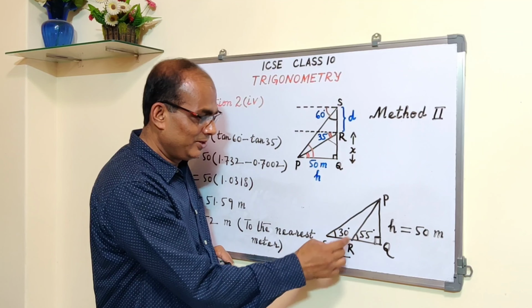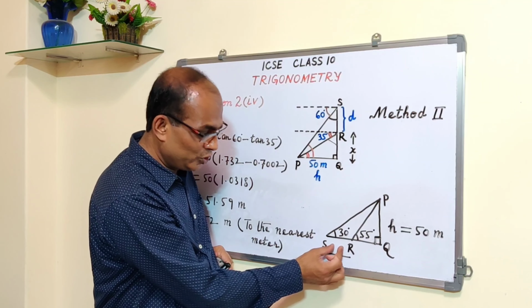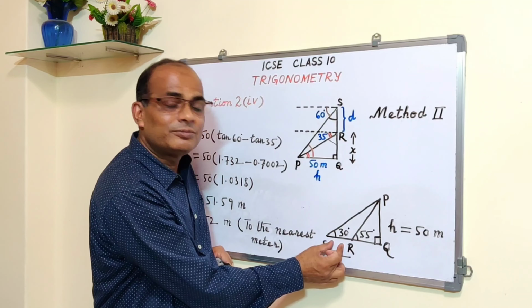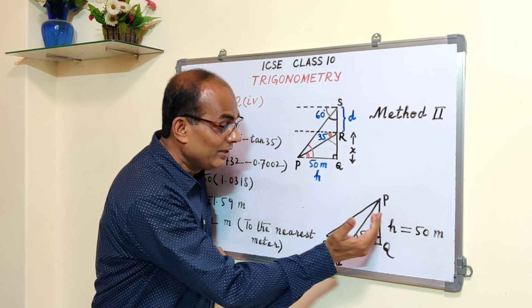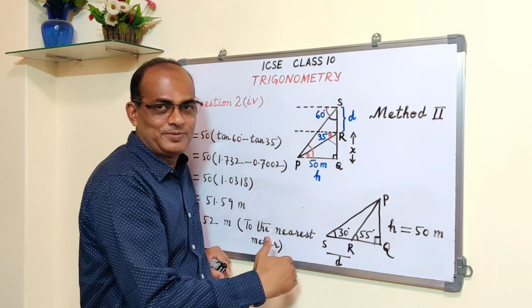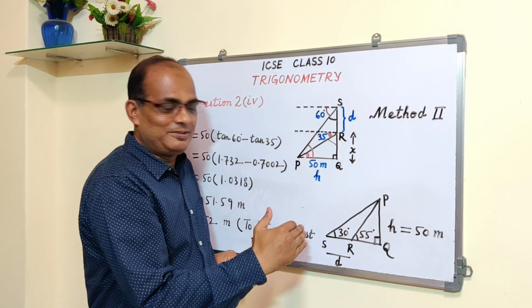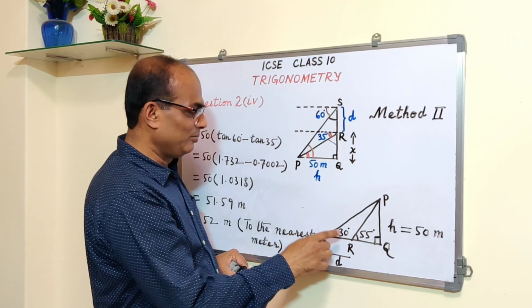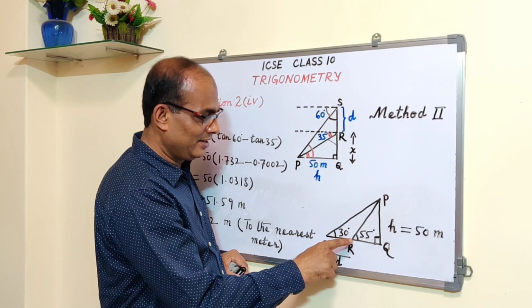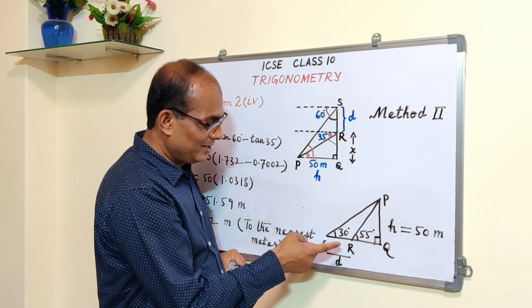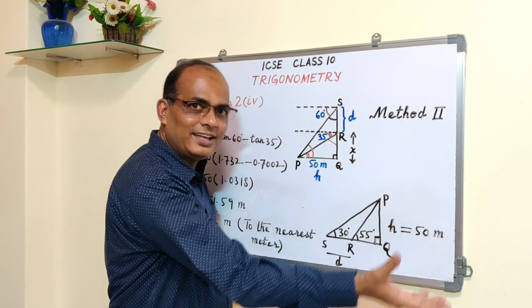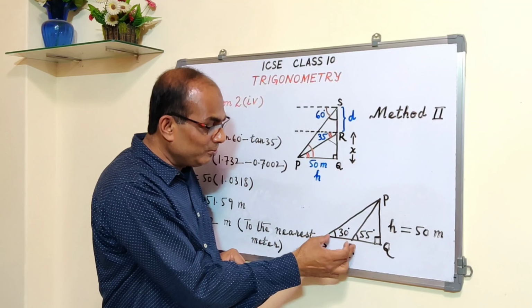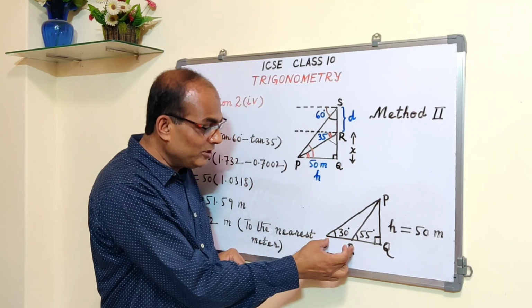You call this alpha, this beta, then this is the distance between the two ships, the two boats, the two stones, the two persons, when both of them are on the same side of the pole, of the building, of the tree.